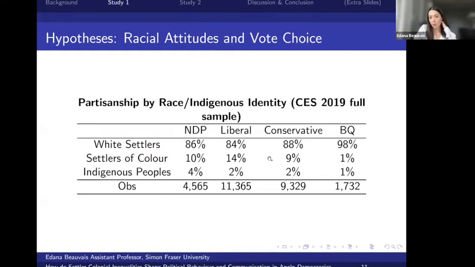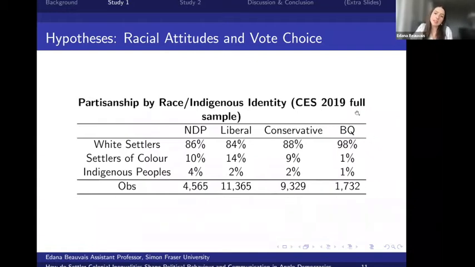Then we have the center-right party, which is the Conservatives. Of these three main parties that run candidates across the country, the Conservatives have the largest proportion of voters who are white. So I'm going to hypothesize that people who have higher white identity are more likely to vote Conservative.